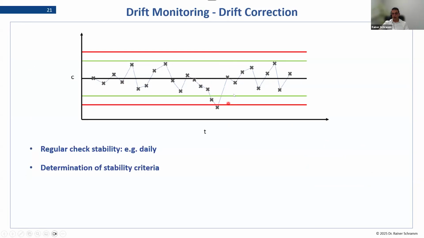And you have to define your stability criteria so that you know when you are off. And if you're off, then you have to perform your drift correction. And this means you have to get this all installed properly so that for every setting of your line measurement in an application, you need a corresponding measurement in the drift measuring program.